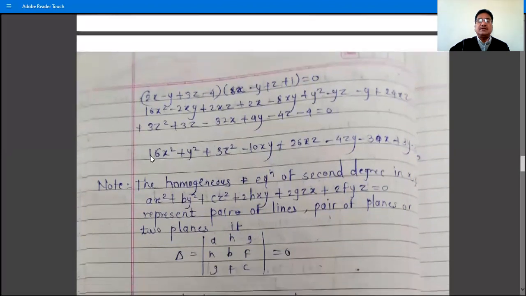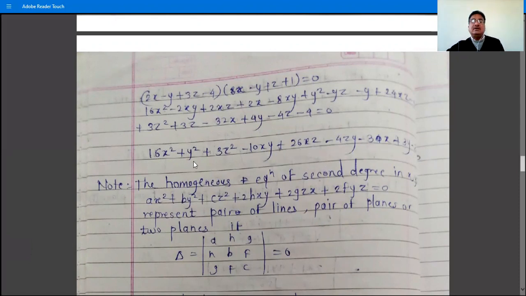And the simplification is 16x square plus y square plus 3z square minus 10xy plus 26xz minus 4zy minus 3x minus 13y minus 2 is equal to 0. So this is the final answer.